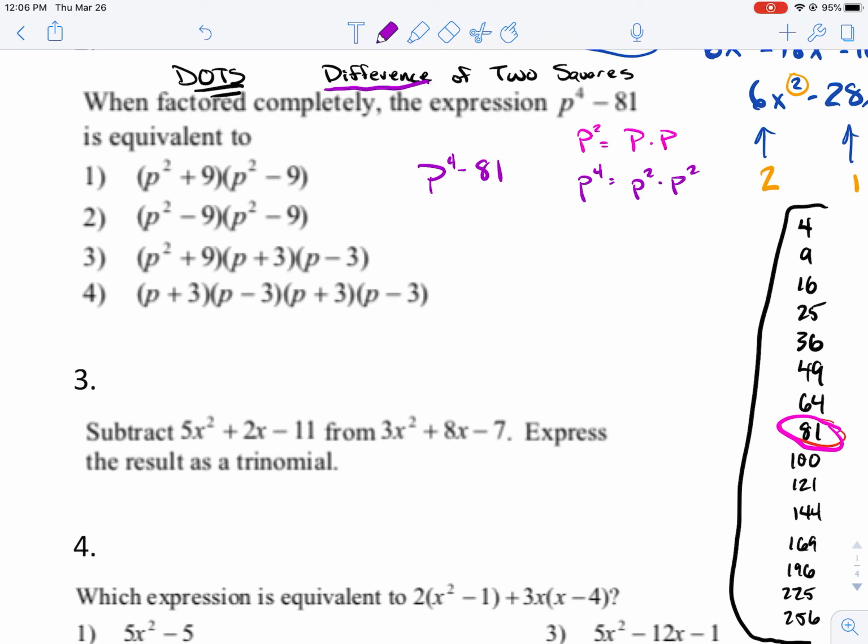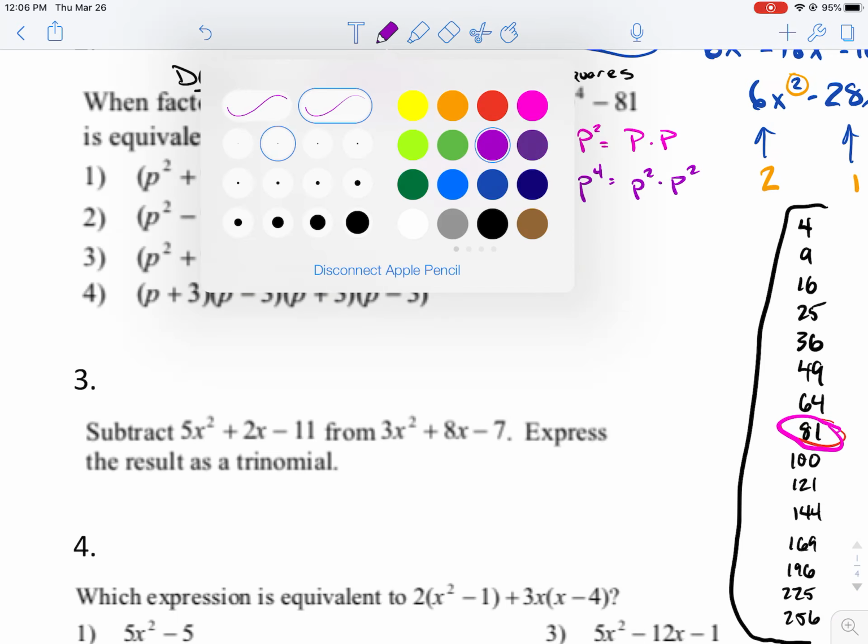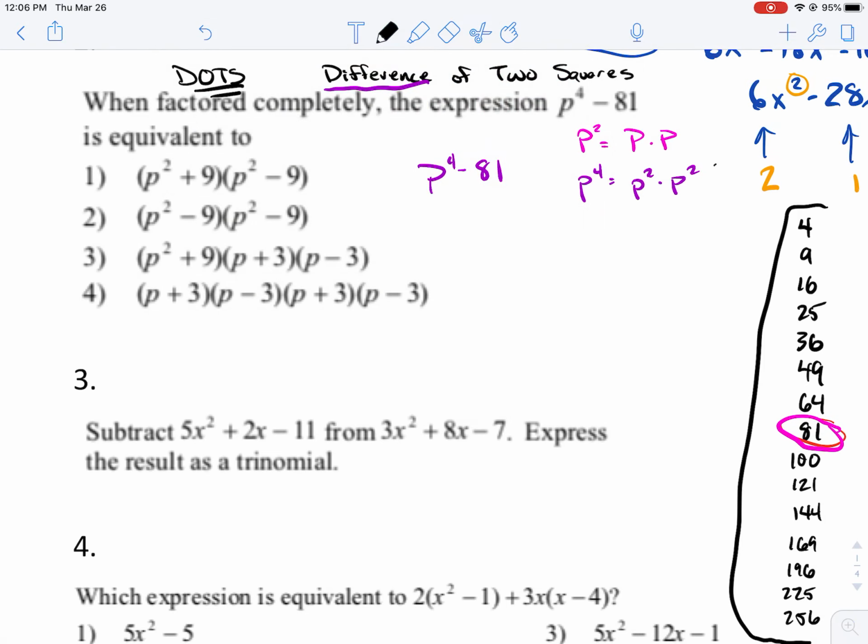All right, so we actually do have a difference of two squares problem. Okay, we have a minus sign in between. 81 is a perfect square, and as you can see, all right, p squared times p squared is just p to the 4th, but p to the 4th is two numbers being multiplied by itself, just like up here.